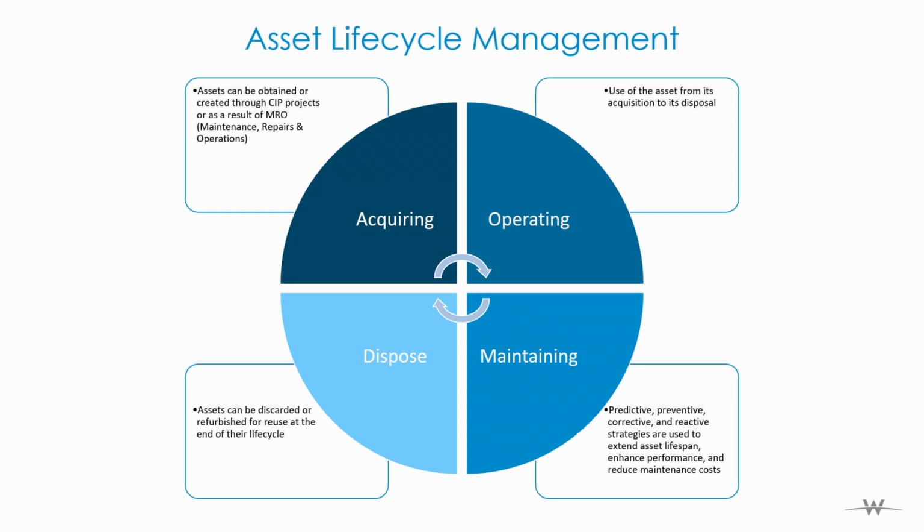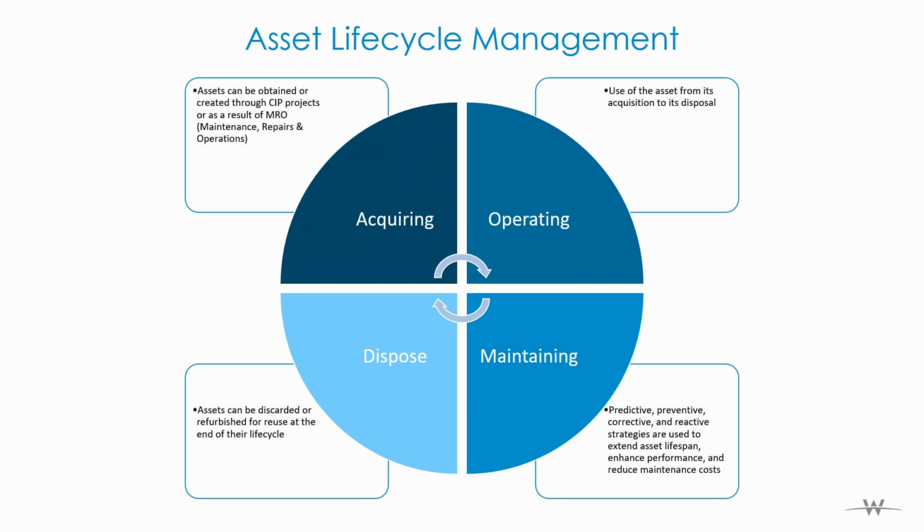This is how we determine we need to acquire an asset, right? The operating phase is the life of the asset from acquiring until we dispose of it, right? And maintenance is the predictive, preventive, corrective, and reactive work activities that occur on that asset while it's in the operating phase, right?